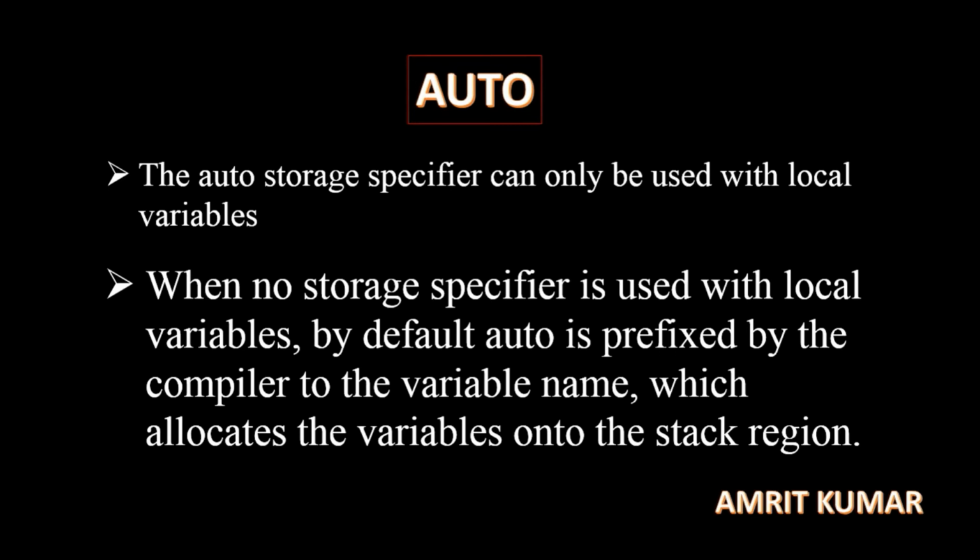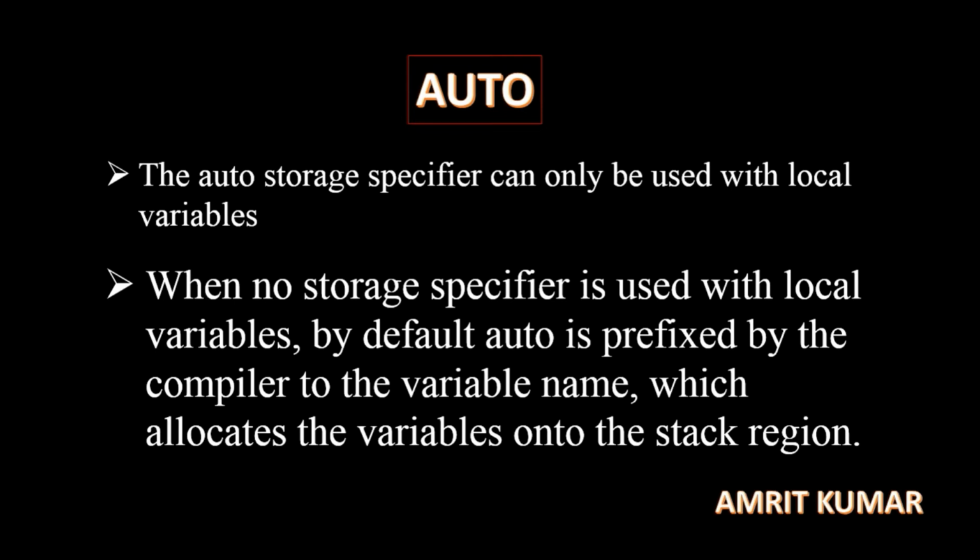The second point is that when no storage specifier is used with a local variable, then by default auto is prefixed by the compiler to the variable name, which allocates the variable onto the stack region. This is very important. What we have studied about local variables is that all the local variables are allocated on the stack region.